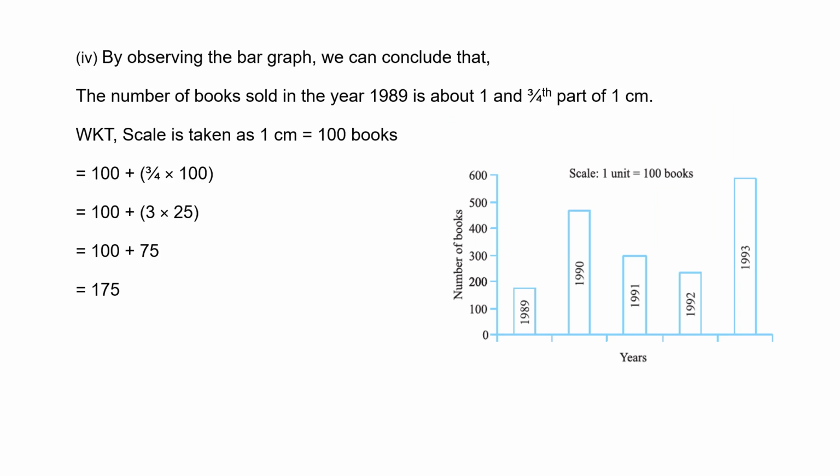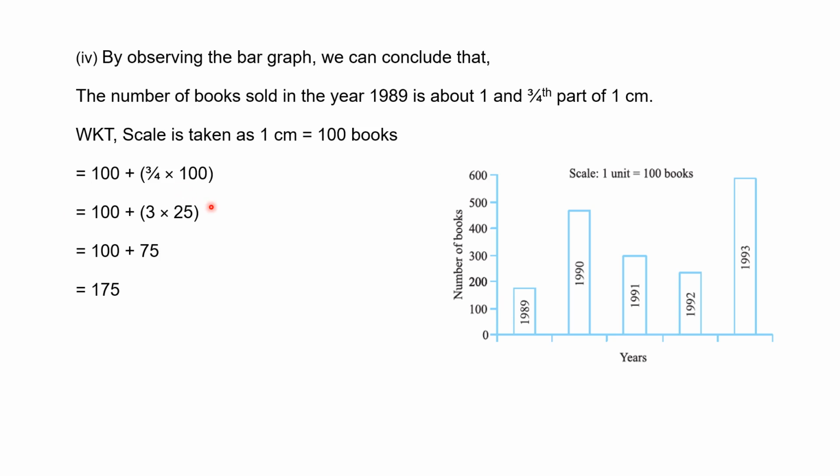Can you explain how you would estimate the number of books sold in 1989? Here, 1989. How to find out? It's very easy. 1 centimeter is equal to 100 books. That is 1 unit is equal to 100, right? So, plus, this is almost 3/4 of another 100. This is one complete 100 plus 3/4 of another 100, not full.